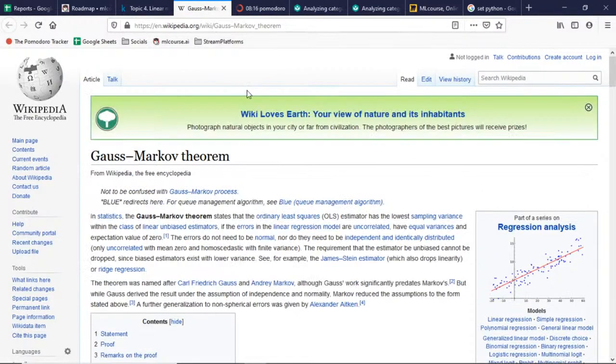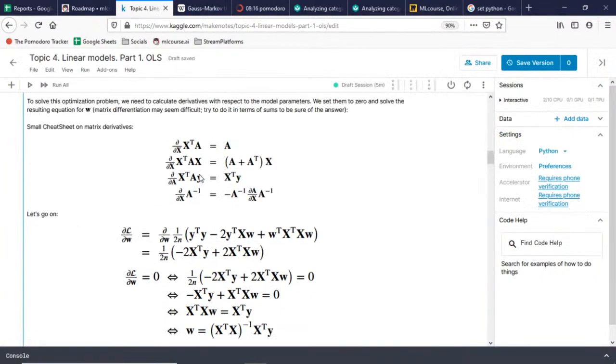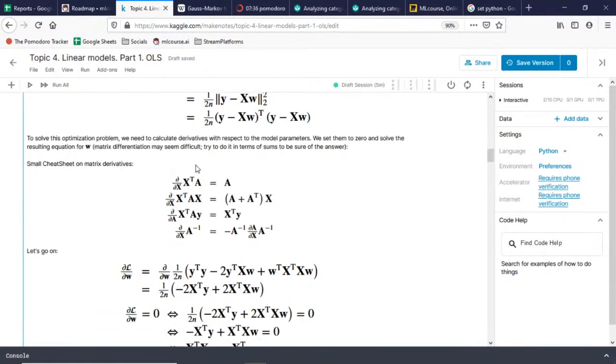Actually, I'm not sure that I understand the beginning. The last part was kind of fine in some ways.